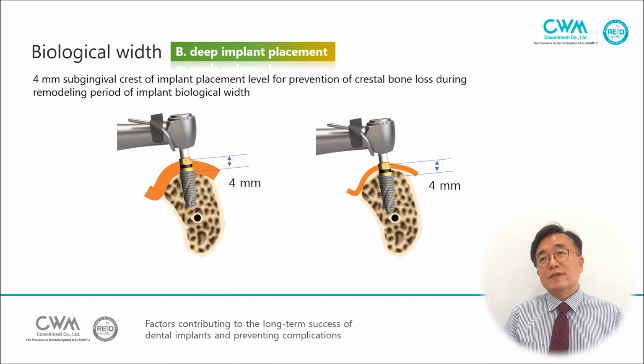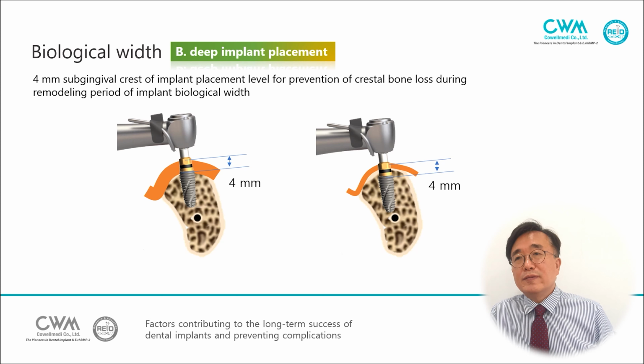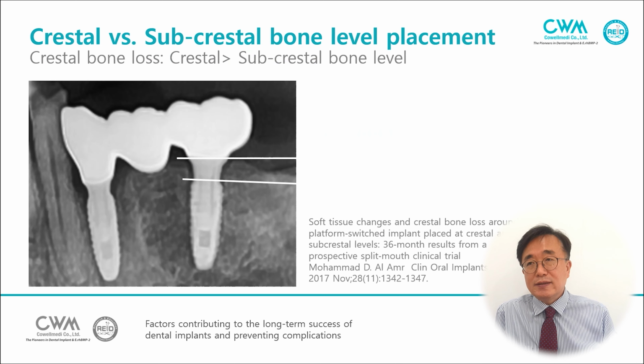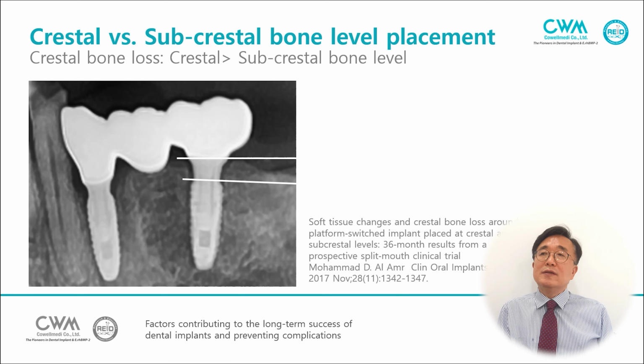So we can maintain the 4 millimeter between the implant top and the gingival crest. One article proved that with sub-crestal bone level implant placement, the crestal bone loss was lower than with crestal or supracrestal bone level implant placement.